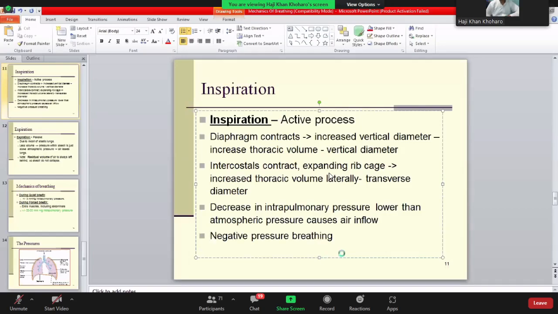This is known as negative pressure breathing because the intrapulmonary pressure is lower than atmospheric pressure, meaning it has become negative.